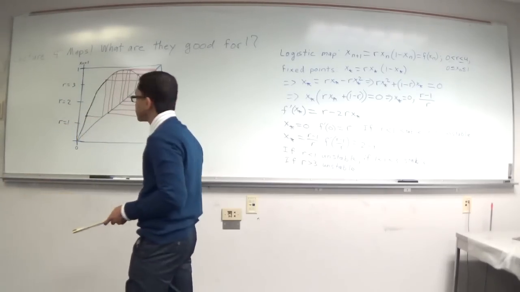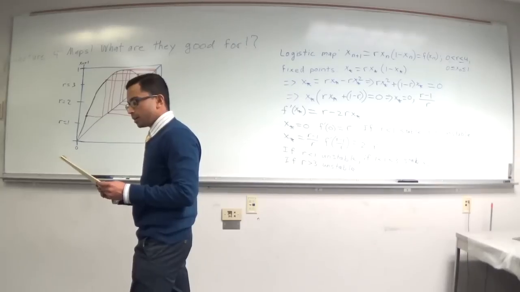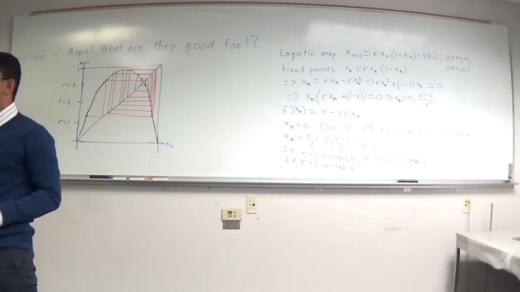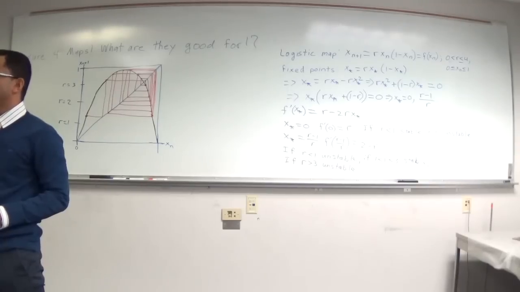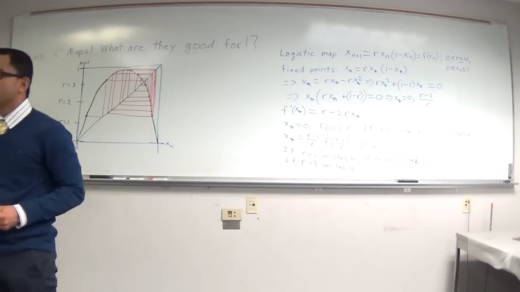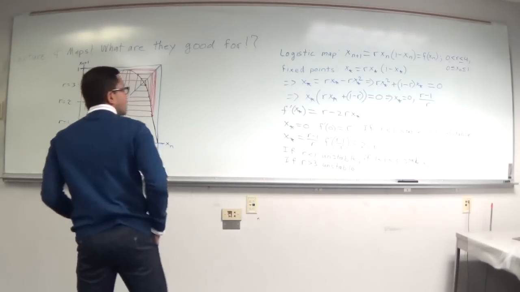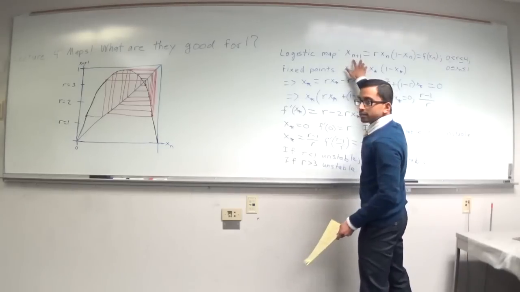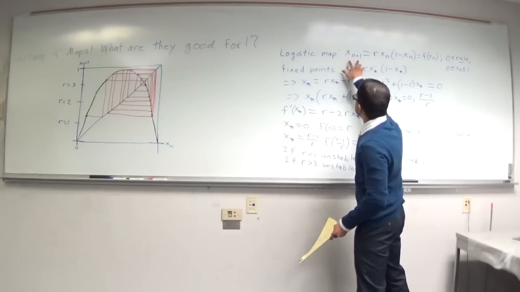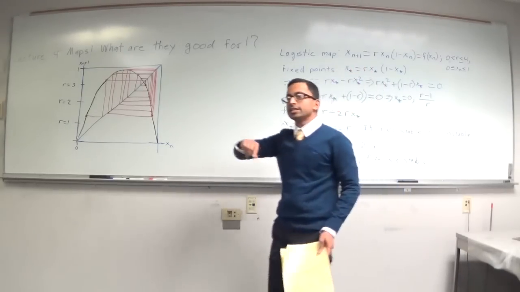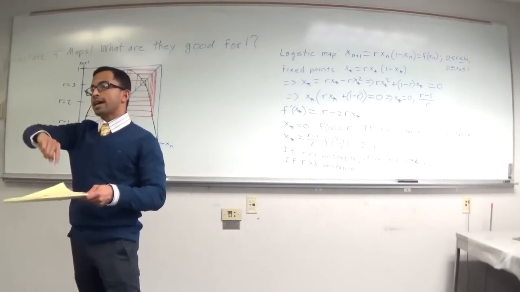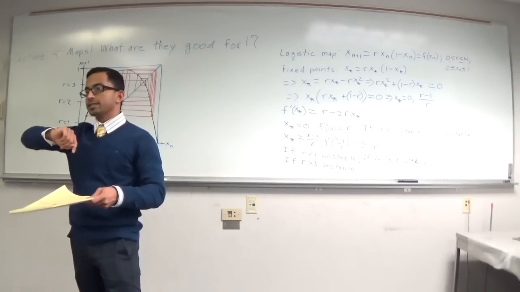Also, plot the time series for those R values. So for each of the little grids, plot the time series. Basically, for the time series you take this xn and plot it versus n. So n is going to be your x-axis, and xn is going to be your y-axis.